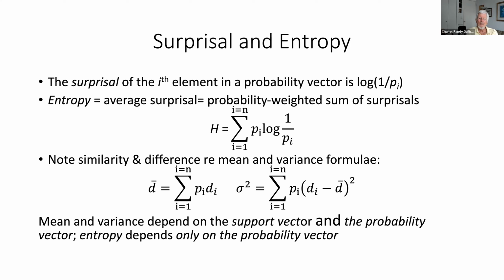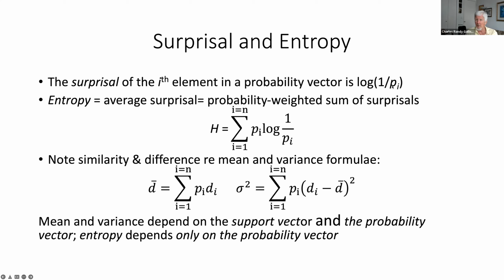So the start of the definition of entropy is the definition of surprisal. And again, this is very intuitive. The less probable something is, the more surprising it is, right? So Shannon's definition of surprisal is the log of 1 over the probability. So as the probability gets small, of course, its reciprocal gets large.